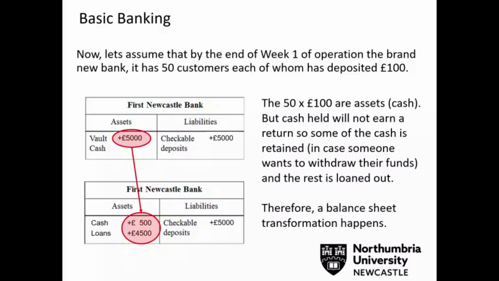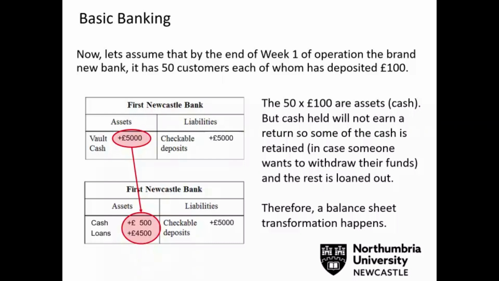Now, banks are in a privileged position that there's a track history and they can potentially model how much of the cash will be withdrawn. Therefore, they can keep that in financial reserve in case customers want it back, and then they can lend out the rest in the form of loans to generate potential income from those loans.